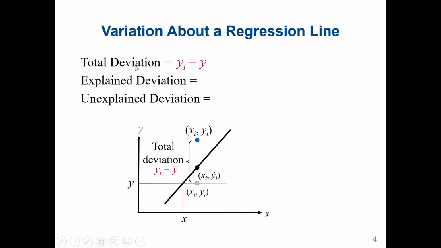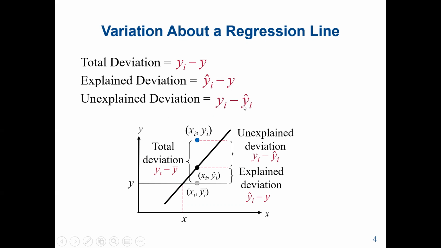So a total deviation, again, will be the difference of each y value and the mean. Then we sum all together. Also, explained deviation will be the difference of the y caret and the mean. Now, y caret means the predicted y. Normally, the predicted y values will lie on the prediction line or the best fit line. So the difference of the predicted y value and the y mean.